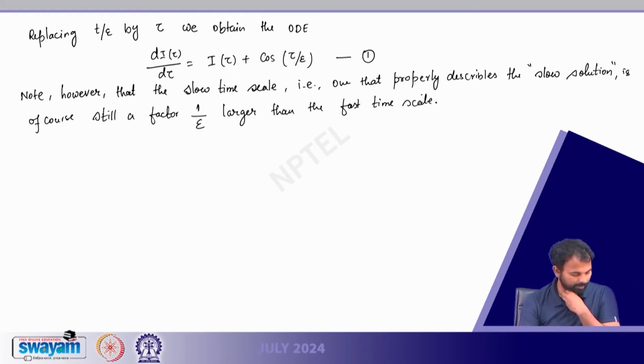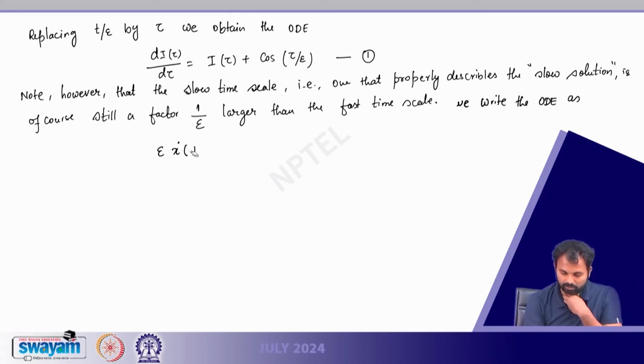So we write the ODE as epsilon times x dot of t.